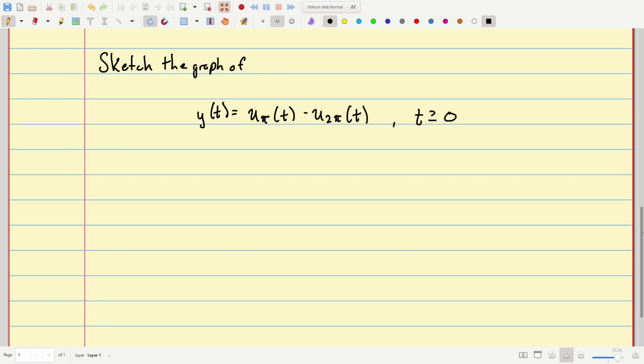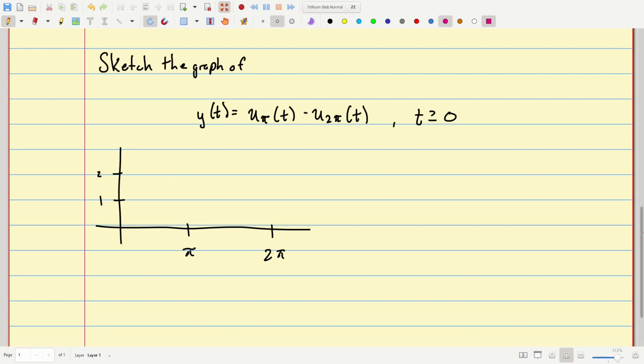So we have u sub pi of t minus u sub 2 pi of t. Okay. We should know that pi and 2 pi are important. 1 is also probably important, maybe 2.